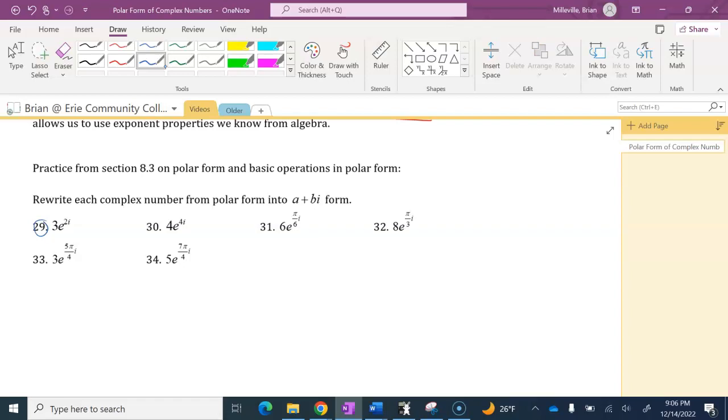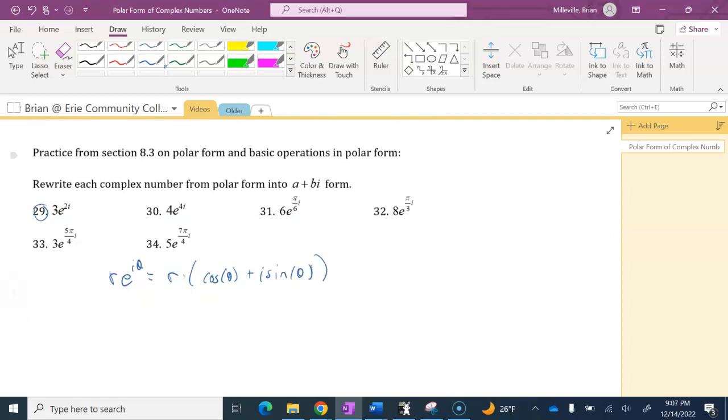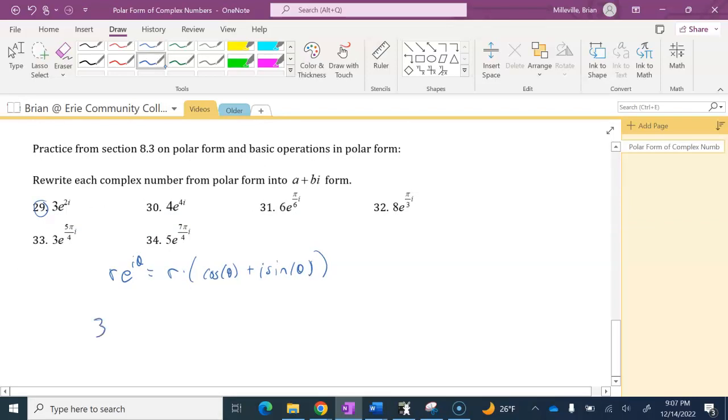If we've got r e to the i theta, we can rewrite this as r times the quantity cosine of the angle theta, in this case in radians, plus i times sine of the angle theta. So for 29, we're going to look at 3 e to the 2i, and we're going to rewrite this.